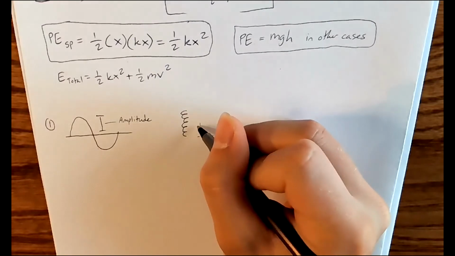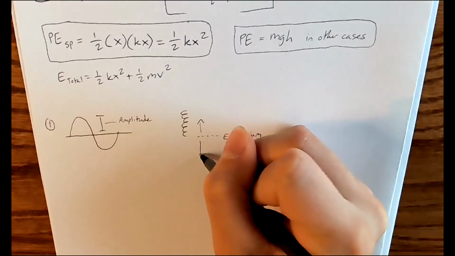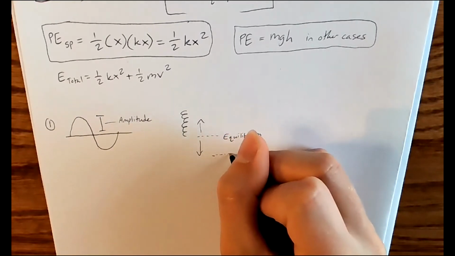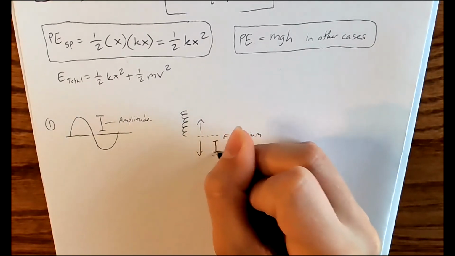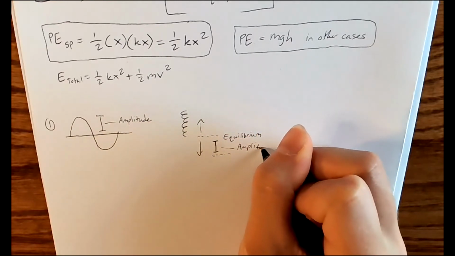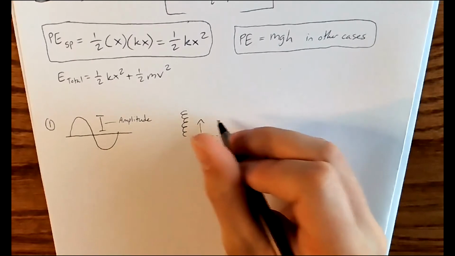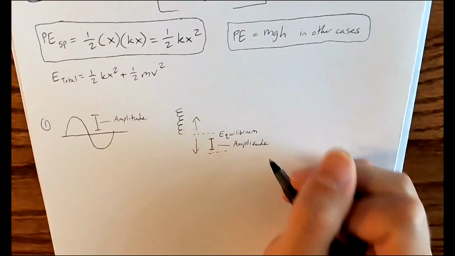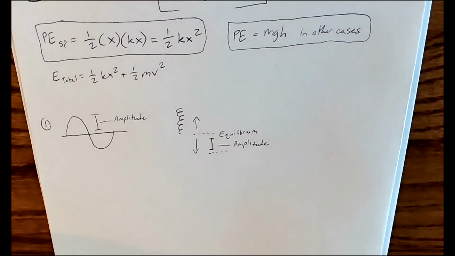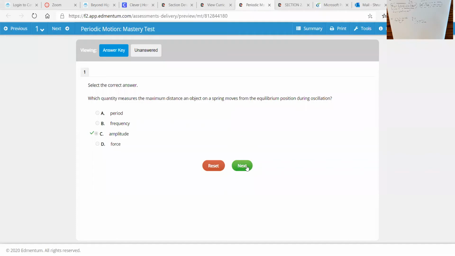And if it is compressed or stretched, then you would measure how much it was stretched, and that would be called the amplitude. Or if it was compressed, you'd measure that as well. Okay, pretty easy first question.